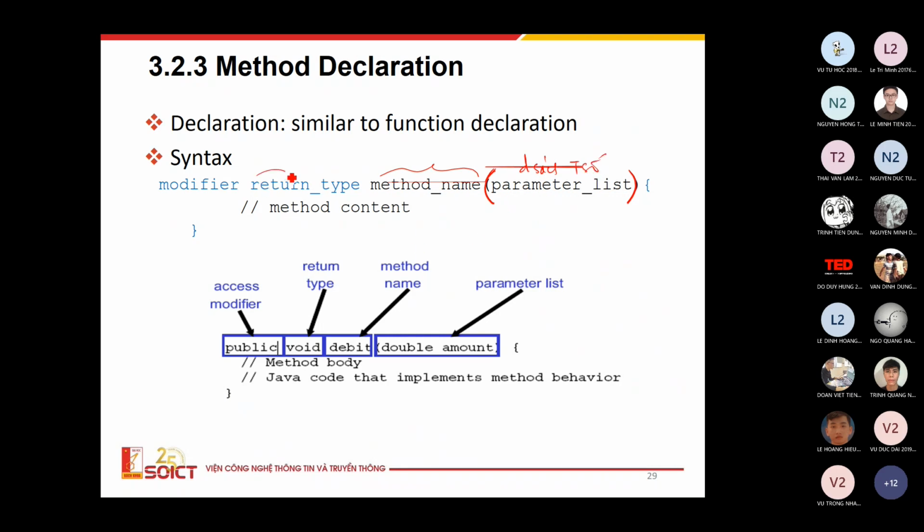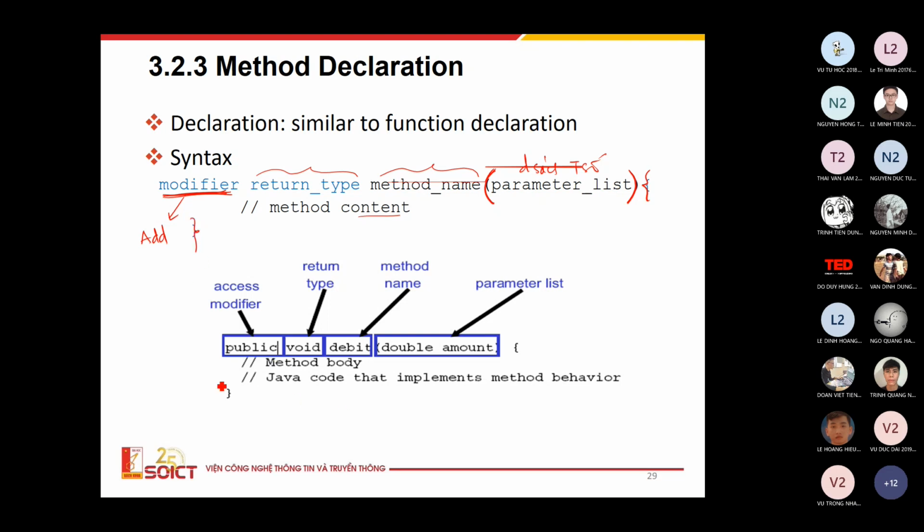And you have the return type of this method, the same as you declare a function normally. But again, you have to add the modifier at the beginning. Remember to add it. And inside the code block, you will have the content of this method, the same way. Just remember to add the modifier.